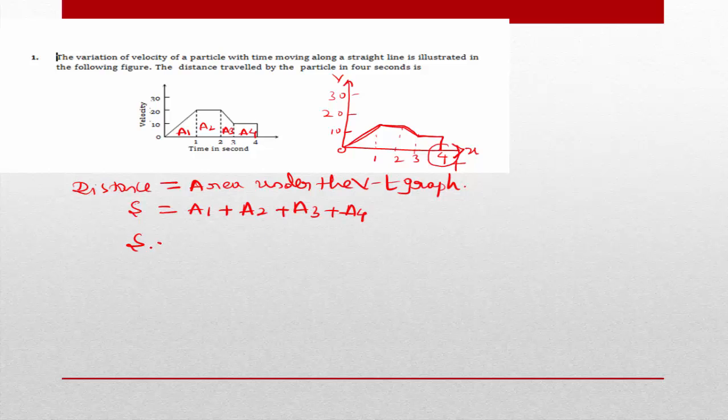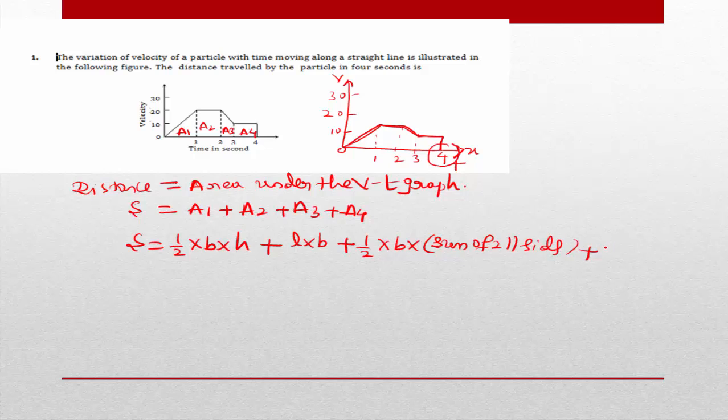Therefore S is equal to A1, this is the area of triangle. How to calculate the area of triangle? You know the formula, 1 by 2 into base into height, plus A2. A2 is the area of rectangle, length into breadth, plus A3, that is the area of trapezium. How to calculate the area of trapezium? 1 by 2 into base into sum of two parallel sides, right?